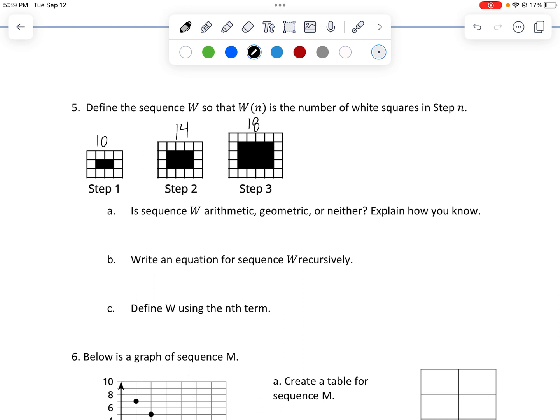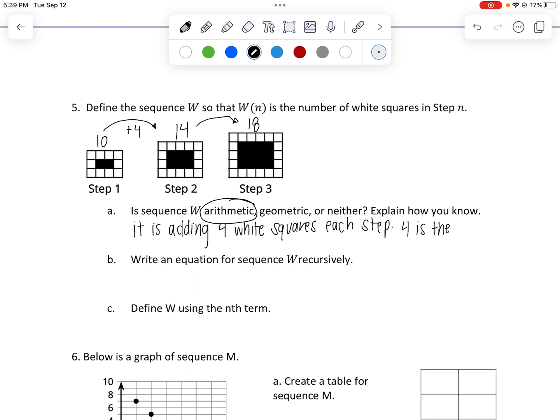So in this case, we are adding 4 squares each time. That means it's arithmetic. We know this because it is adding 4 white squares each time, or each step. 4 is the rate of change.